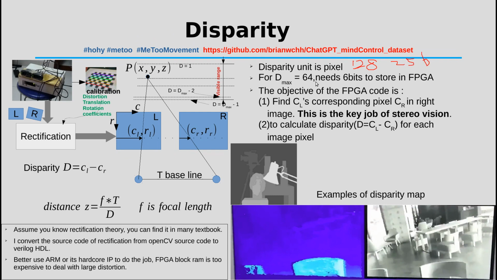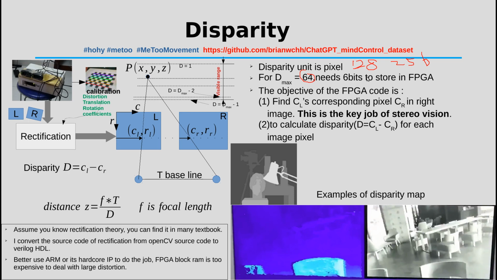That depends on your resources and how much you're willing to pay for it. The higher this value, the more resources you use in the FPGA, especially the block RAM and the lookup tables. It's quite expensive, so 64 is a reasonable value.